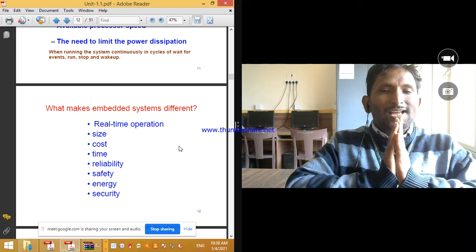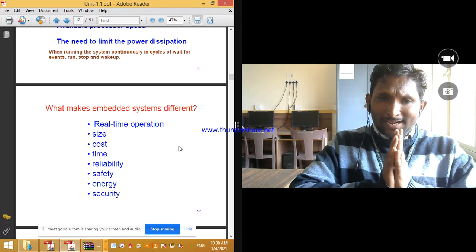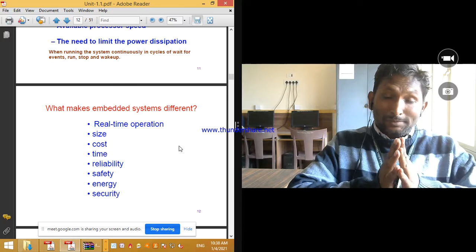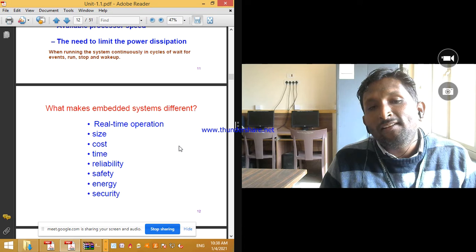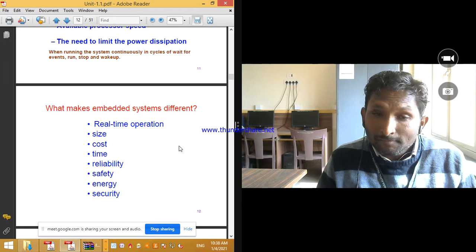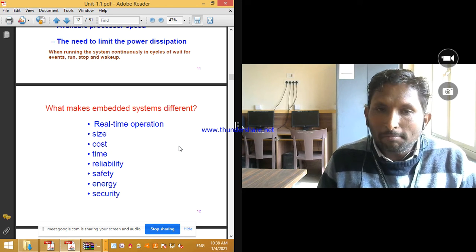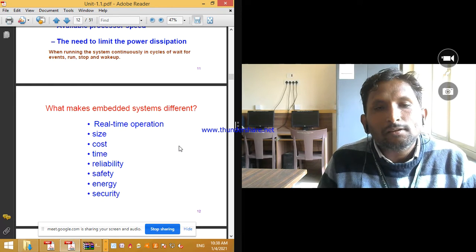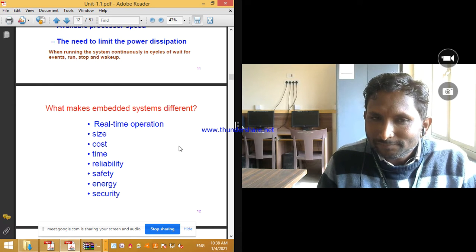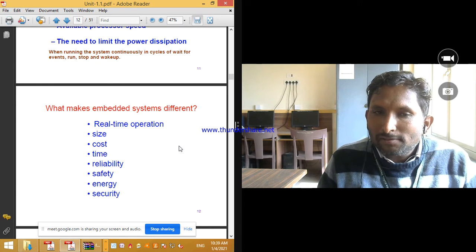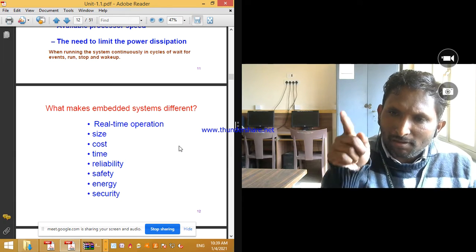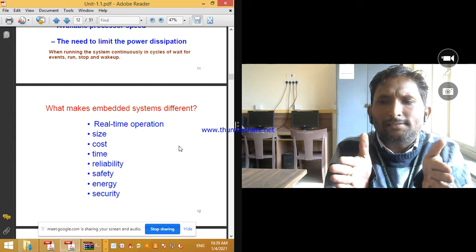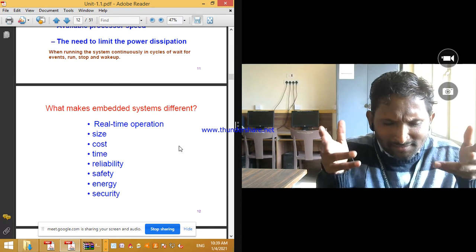The very first shown here is real time operation. Absolutely very good. If our system shows real time operation results, then obviously that system makes some difference compared with the conventional one. In size, if we use a general purpose computer, the size becomes large, and if you use a specific embedded system, the size gets compressed, and that is required.